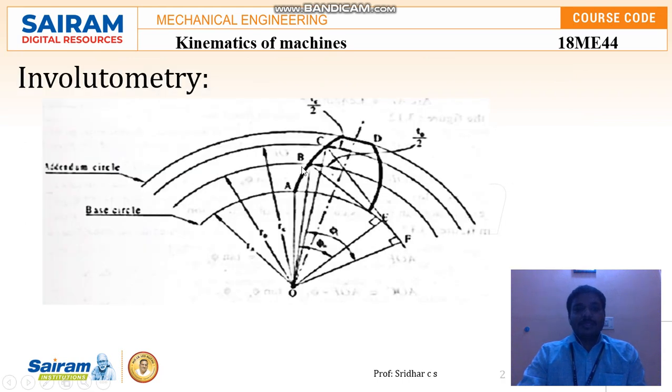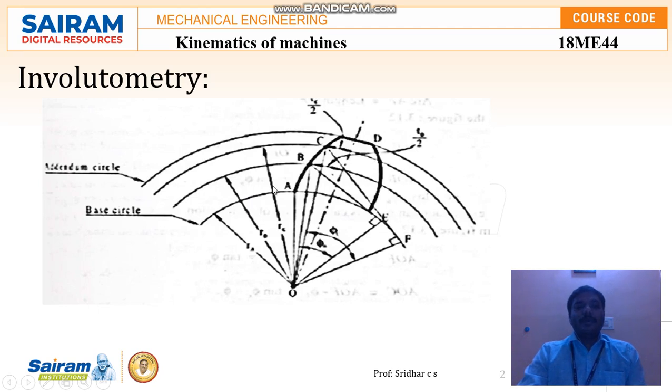Based on this complete involute profile, we study the geometry of this particular involute, which is called involutometry. Mainly in involutometry we study the complete involute, that is one complete tooth of the gear, whenever it meshes with another gear in order to transmit motion or power.